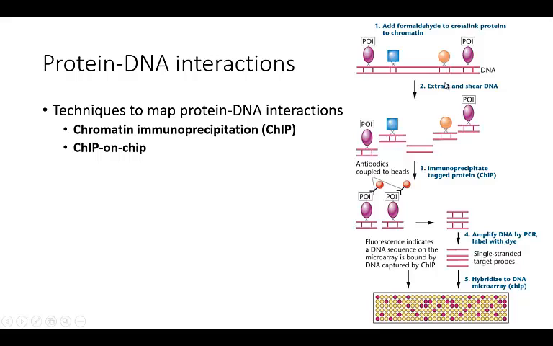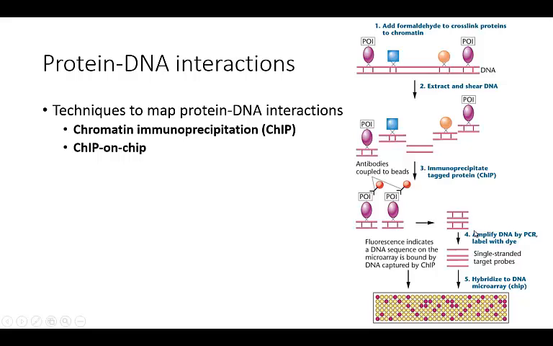You extract the DNA, you shear it, you break it into pieces, you take antibodies, which are going to be coupled to beads, which are going to be specific for the protein that you want to study. In this case, it looks like it's looking for this pink protein here. And you can specifically pull out that pink protein along with any DNA that happens to be bound to it. You can purify the DNA from here.